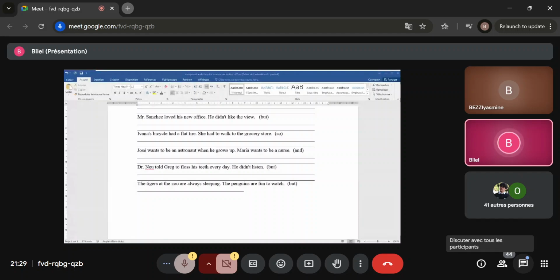These conjunctions are used to join an independent clause, which is a complete clause, with a dependent clause. I repeat, subordinating conjunctions are used to join an independent clause and a dependent clause.